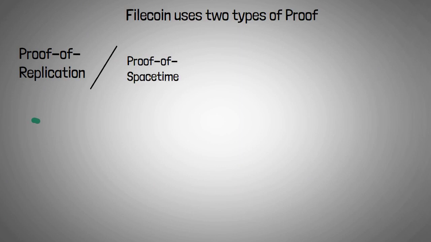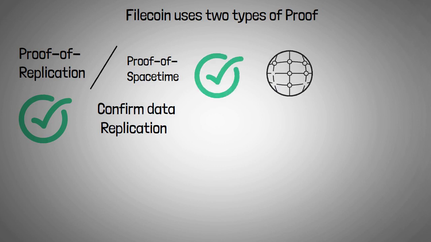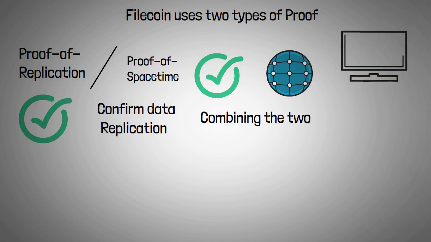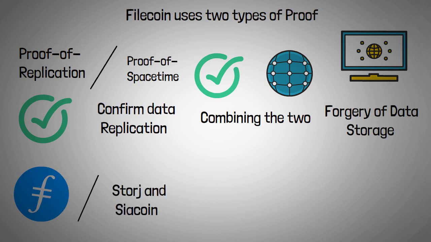Proof of replication allows the network to confirm data replication to a unique location, whereas proof of spacetime enables the network to verify that the data is stored for a specific duration of time. Combining the two, Filecoin manages large-scale storage networks with multiple independent parties. Therefore, removing the possibility of forgery of data storage records increases mining rewards. Filecoin's competitors like Storj and Siacoin lack this functionality.